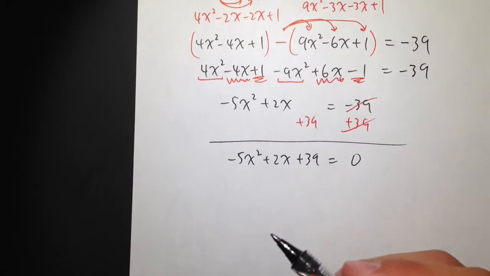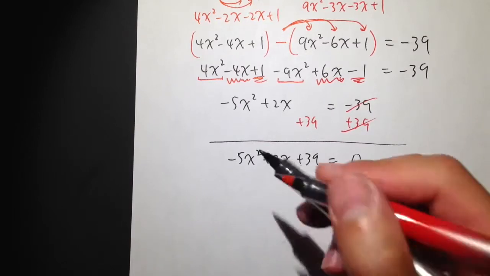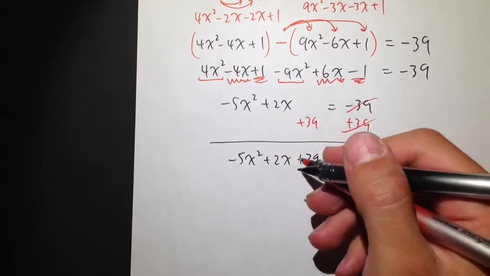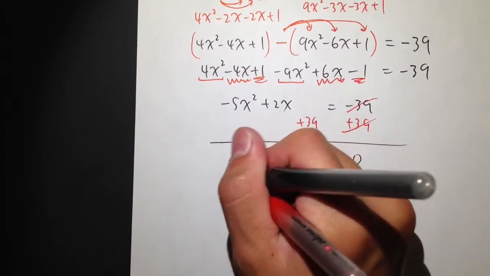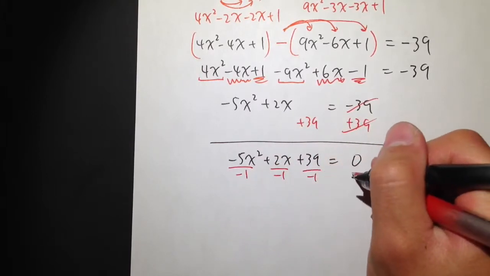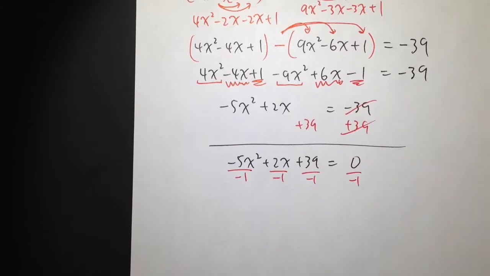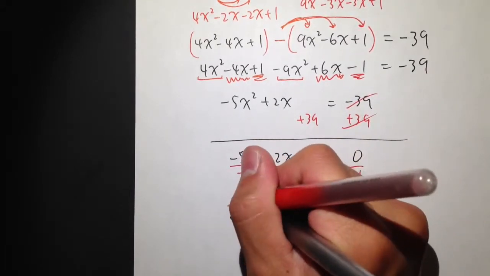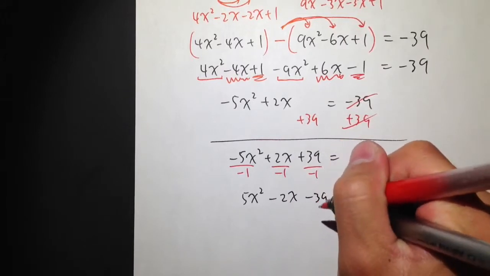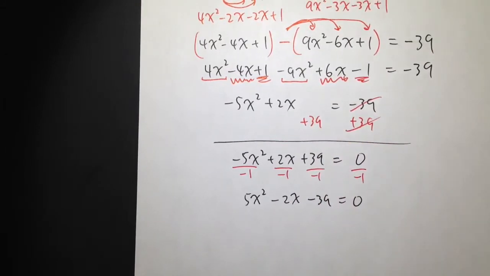I'm not saying it's impossible to do anything about it, but it's really bothering us. So before I proceed, I would like to divide everything by negative 1, including the 0, but it actually doesn't matter. Then I will end up with 5x squared minus 2x minus 39 equals 0.